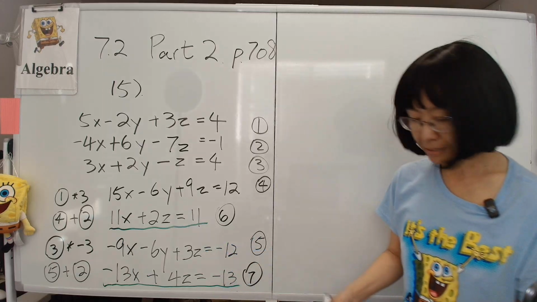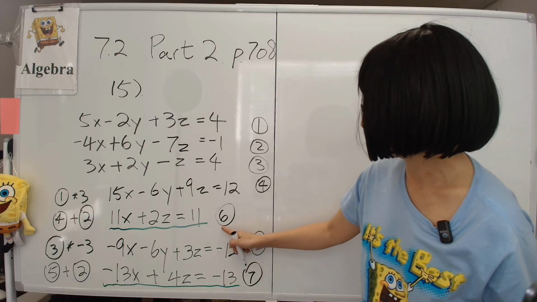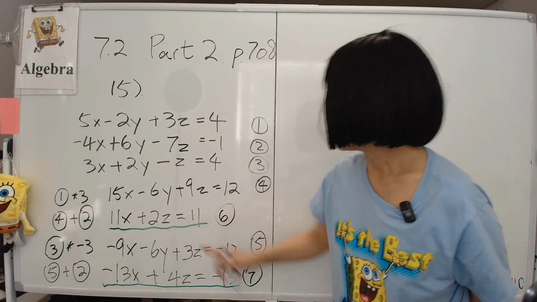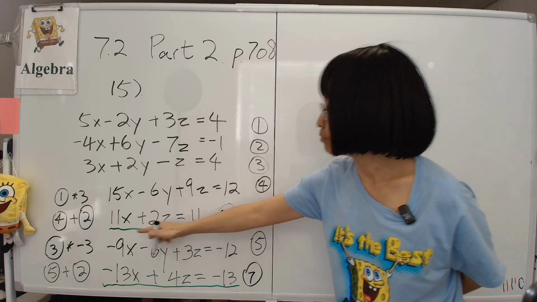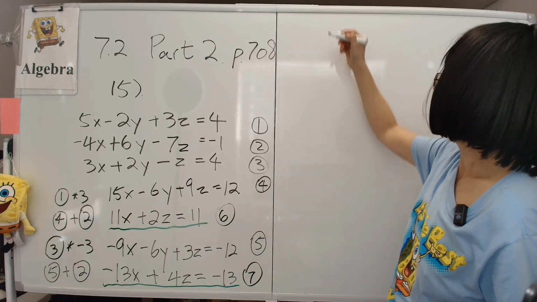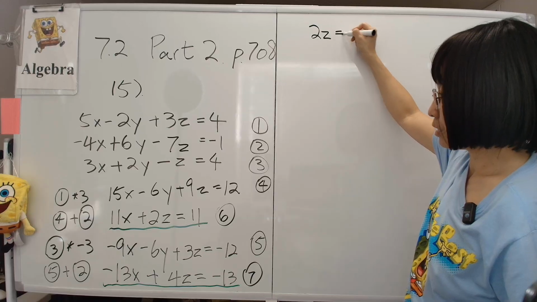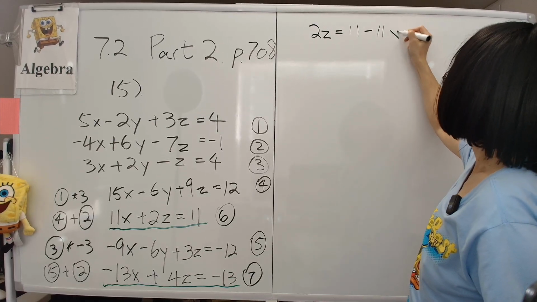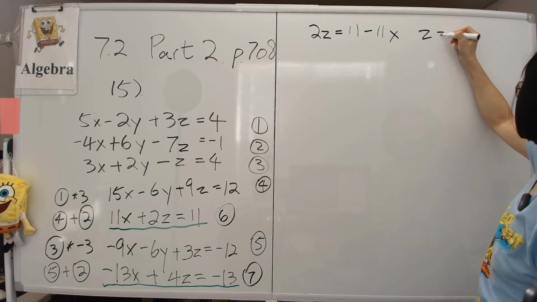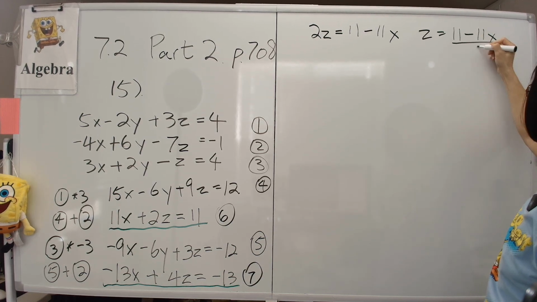For equation 6, we'll isolate z. We move the x to the other side of the equation. We have 2z equal to 11 minus 11x, which means z equals 11 minus 11x divided by 2.